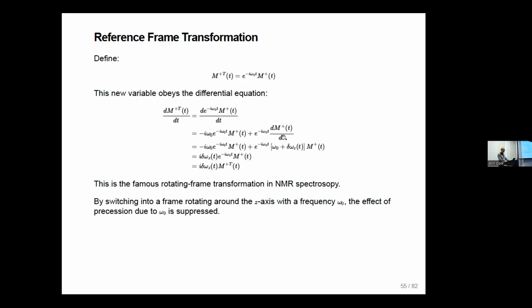That's my original equation. I plug in, and we've done this before, and I end up now with a differential equation for the transform magnetization in the rotating frame, and it just has exactly the same form as my starting equation, except there's no omega naught, because I'm rotating with omega naught. I just see the fluctuations.